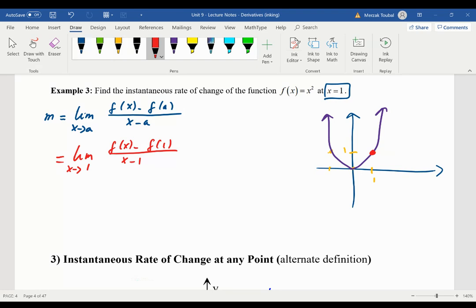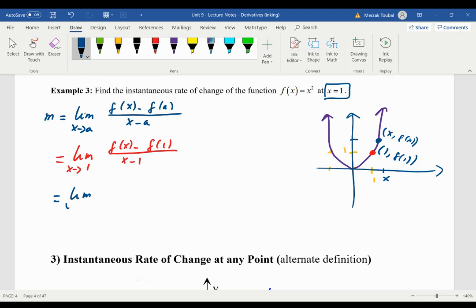Let's add a little bit more information here. So let's do 1 comma f of 1, and then we want some x that approaches 1, so x comma f of x.